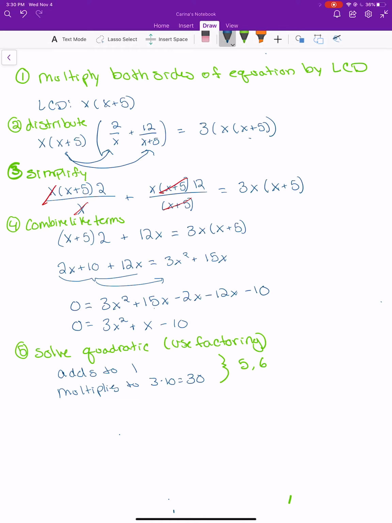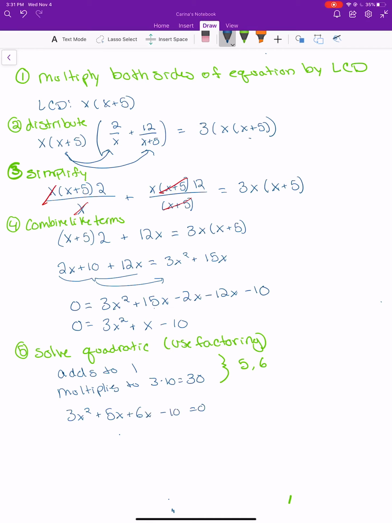So we'll set it up as 0 equals, and if it bothers you, I'll put the 0 on the right-hand side from now on. So I'm going to rewrite this with 3x squared plus 5x plus 6x minus 10 equals 0, right?